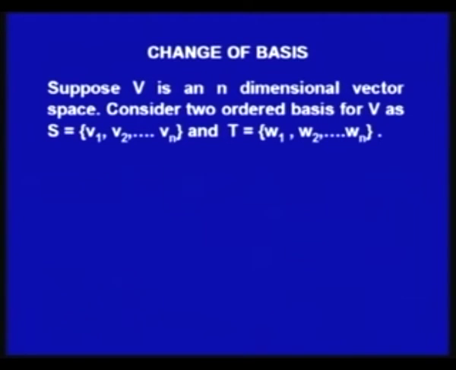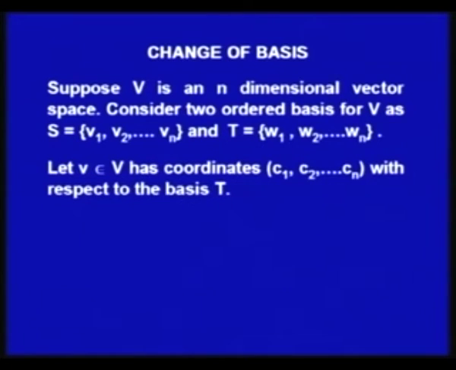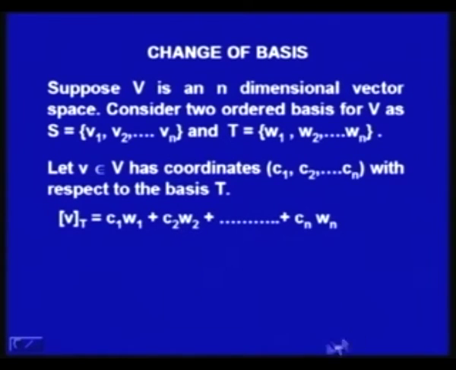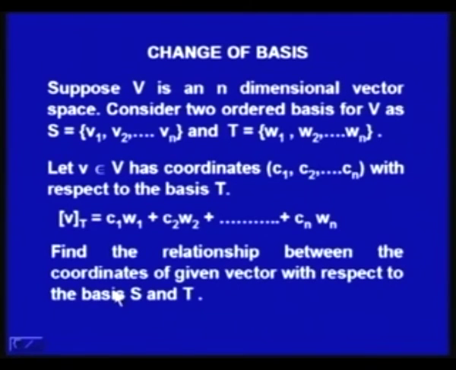Now, change of basis. For this, let us consider V is an n dimensional vector space and it has 2 ordered bases S and T. Then v belonging to the vector space V has coordinates C1, C2, Cn with respect to the basis T. So, we can write v subscript T, that means v with respect to ordered basis T, as C1 W1 plus C2 W2 plus Cn Wn, because W1, W2, Wn is a basis for T. Then you can express v_S also in terms of V1, V2, Vn.